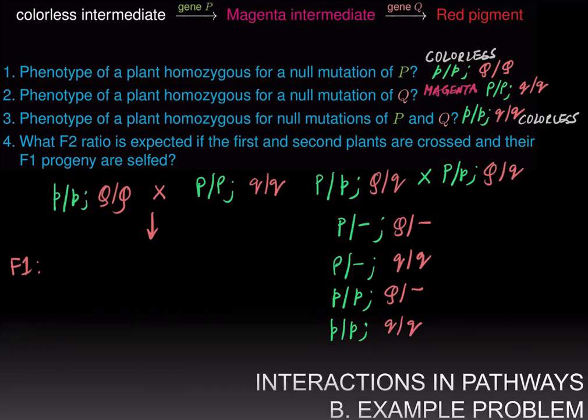Furthermore, we know that in a dihybrid cross, you get a 9:3:3:1 ratio, and so we have 9/16 of the individuals have the dominant phenotype for both the traits, 3/16 have dominant phenotype for the first trait and the recessive for the second, 3/16 have the recessive phenotype for the first trait and dominant phenotype for the second trait, and 1/16 have the recessive phenotype for both the traits.